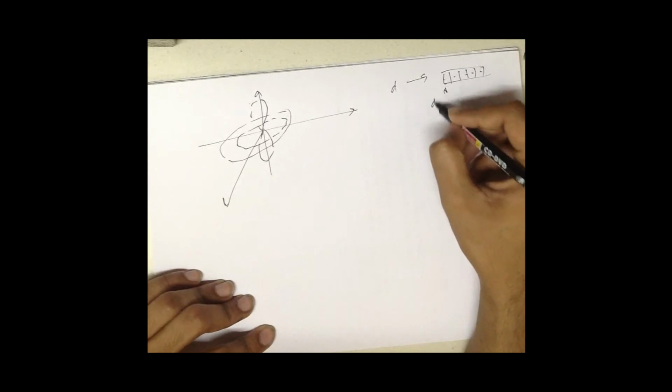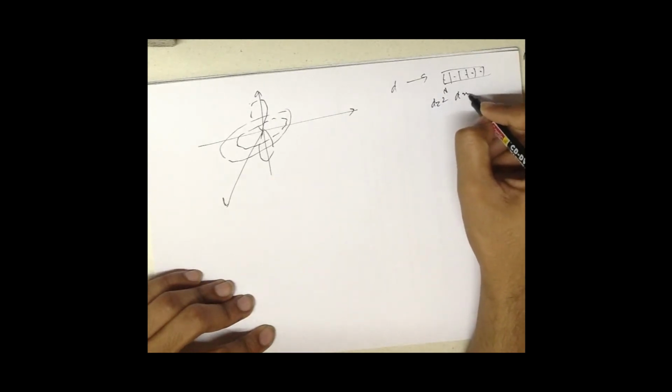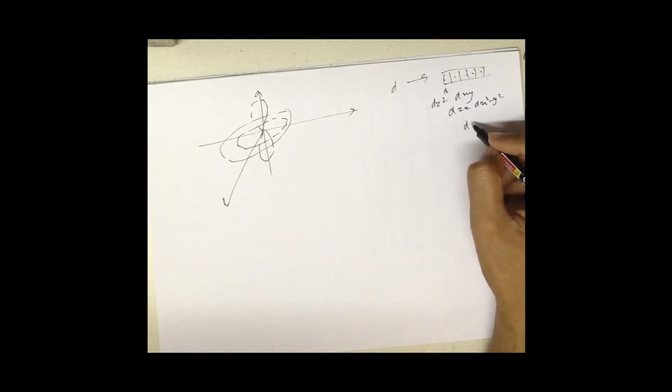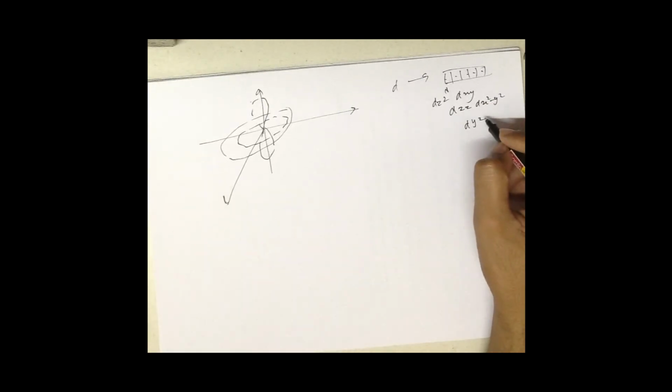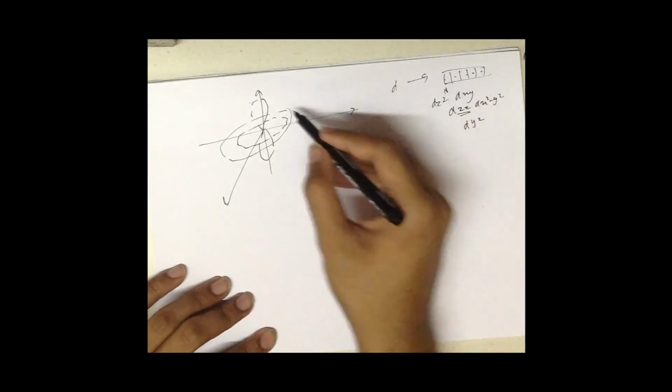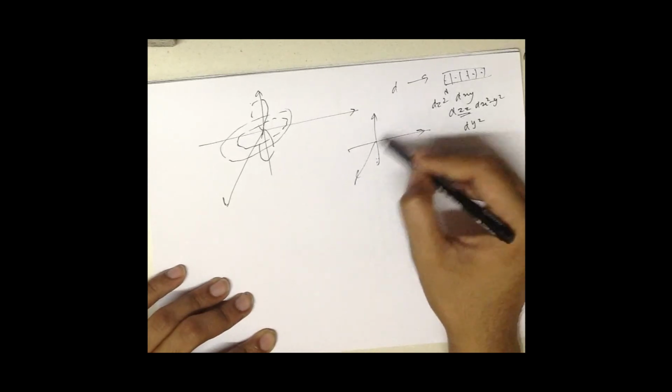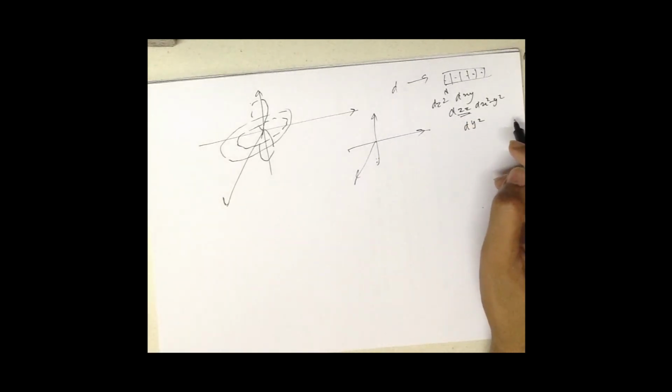So these are given by dz square, dxy, dxz, dx square minus y square, and dyz. So these are the 5 shapes, and zx represents the d orbital along the zx plane, yz along the yz plane. So this was about the magnetic quantum number.